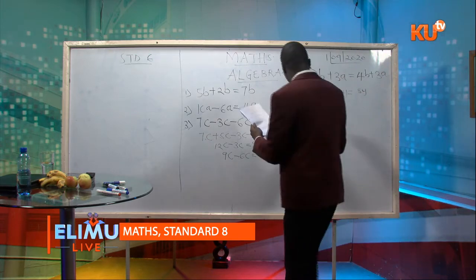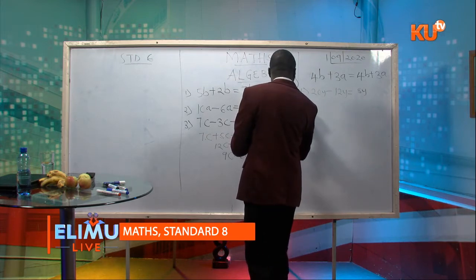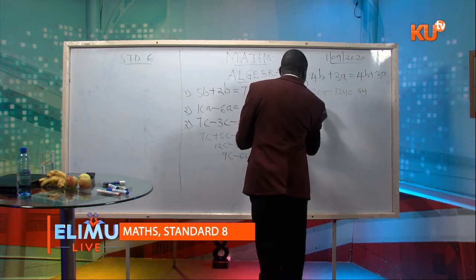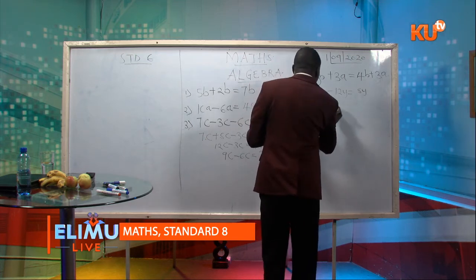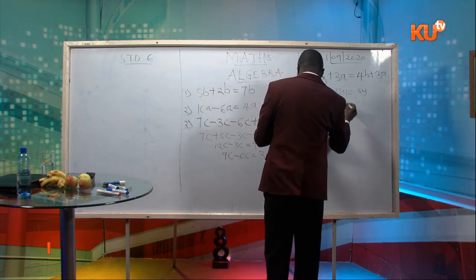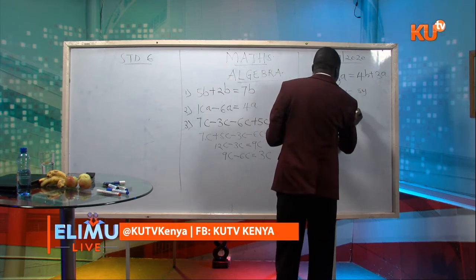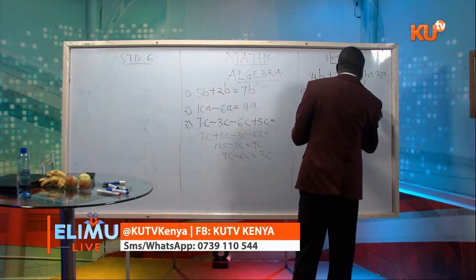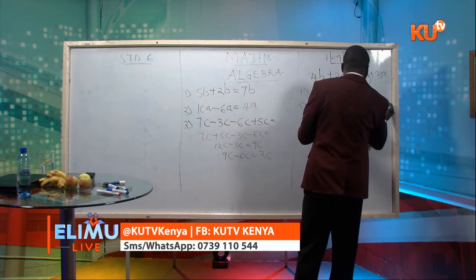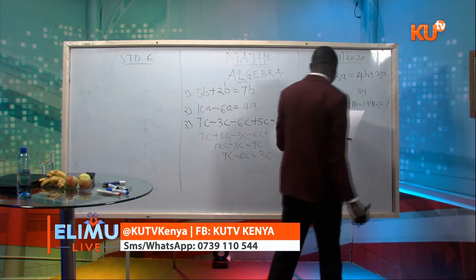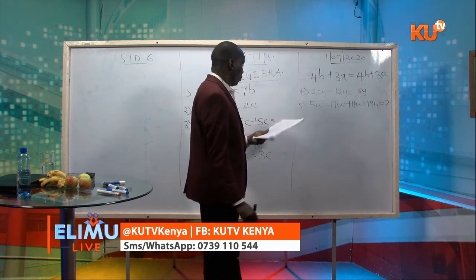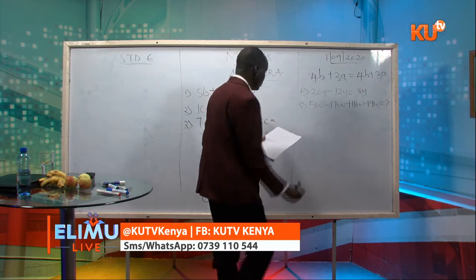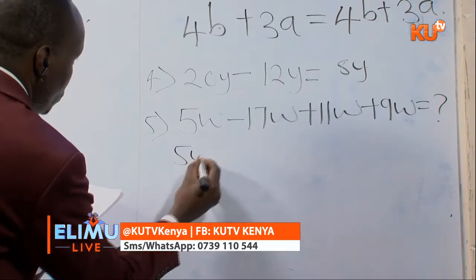Look at this example. 5w take away 17w plus 11w plus 9w. What do we get? We have to collect the like terms first. That is 5w.